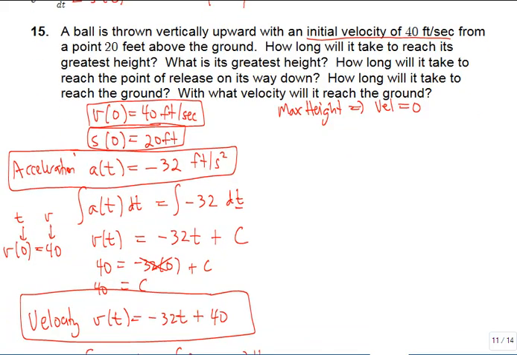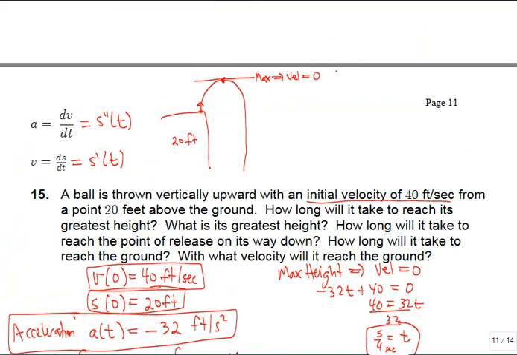And our velocity function was negative 32t plus 40. So when I set that to 0, divide by 32 and reduce that fraction, I get 5/4. And this would be seconds. So it takes me 5/4, or 1 1/4 seconds, to reach that peak.